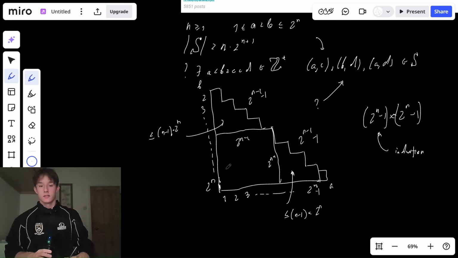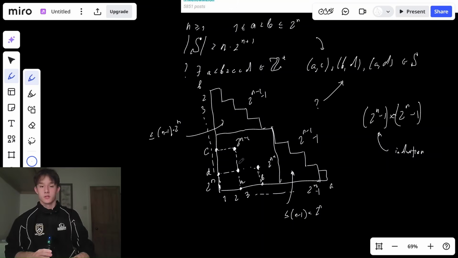If a is less than b, that's our first coordinate, so a goes here and b goes here, and c is less than d, so c goes here and d goes somewhere here. What do a and c give us? A goes here, c goes here, that's our first point. And then we have b and d, so b goes here and d goes here. That's our second point.